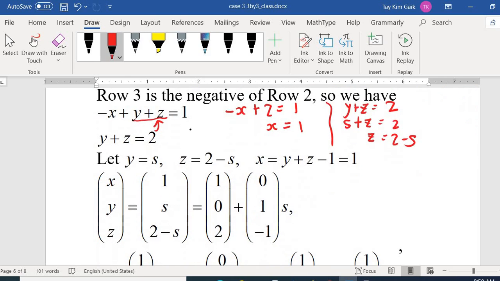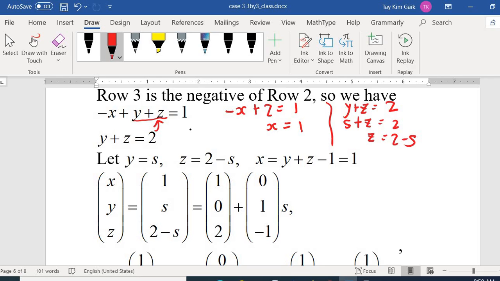Plug in. x is 1, y is s, z is 2 minus s. Break into the constant vector and a vector dependent on s. So x is only 1, no s. y is only s, no constant. z you got constant 2, and s is negative 1.